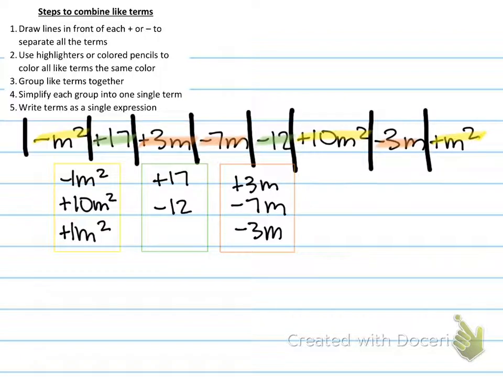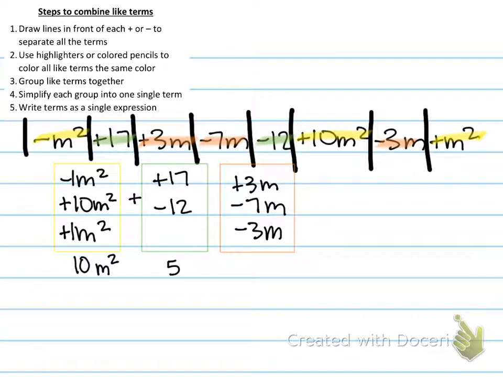That kind of helps me see what's happening. Negative 1 plus 10 plus 1 is going to give me positive 10m squared. Positive 17 plus negative 12 is going to give me a positive 5.